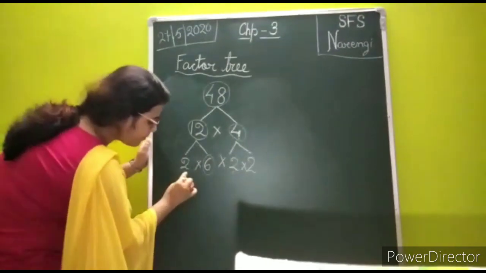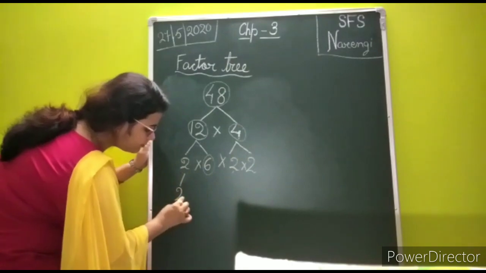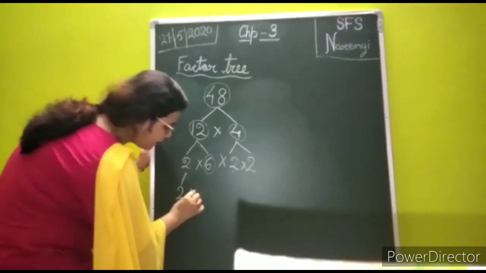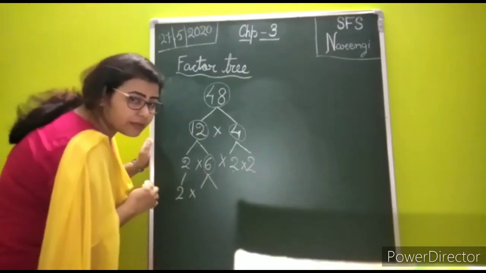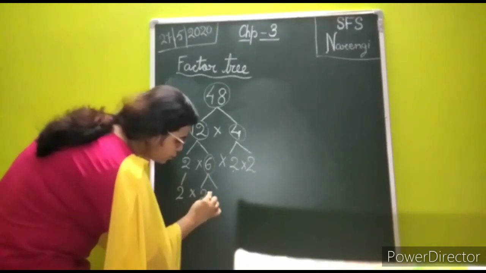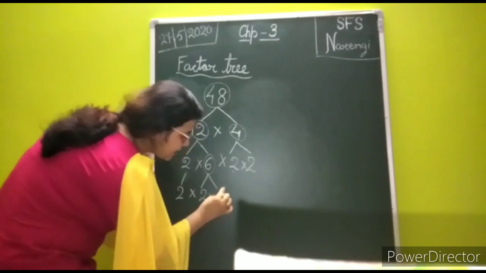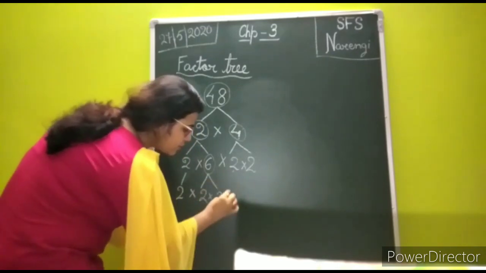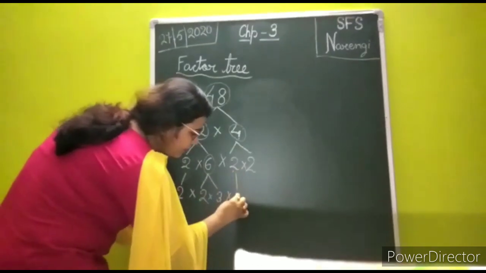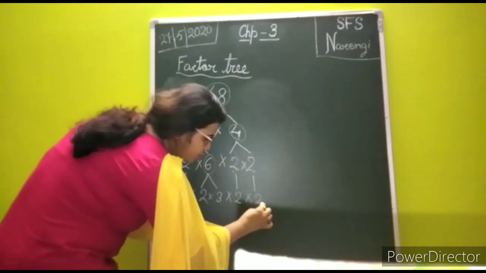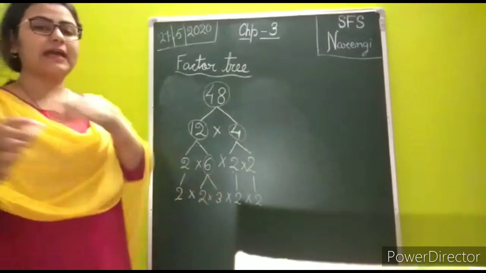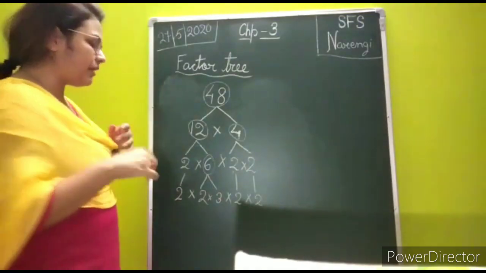Now this 2 will come here. Into, this into comes here. Now 6, what are the two factors of 6? 2 threes are 6. Right? Now this into comes here, into 2. So our last line gives us the prime factors.